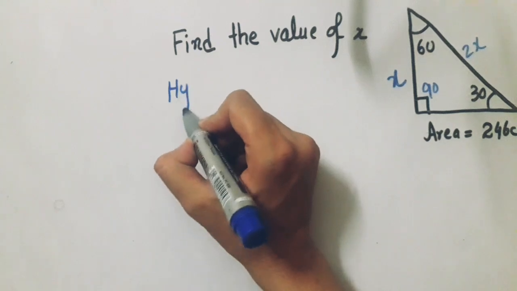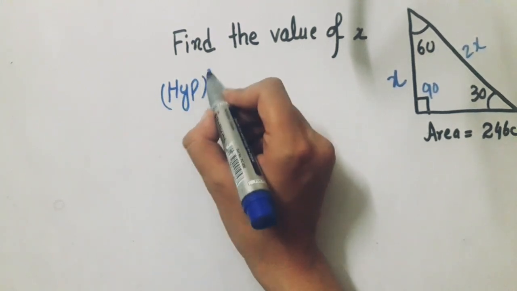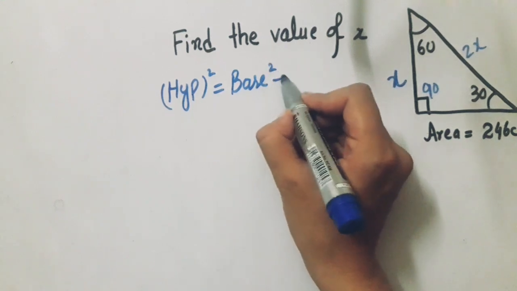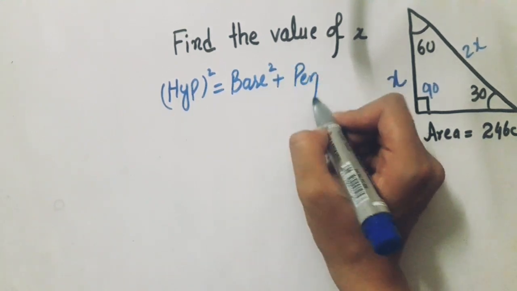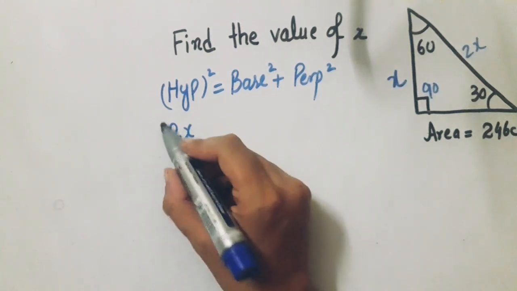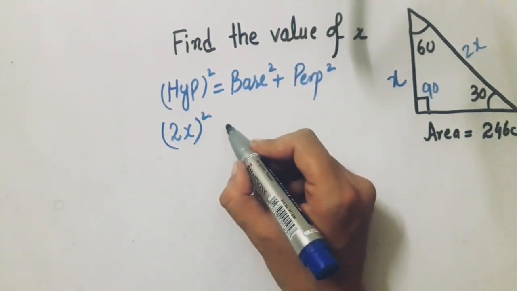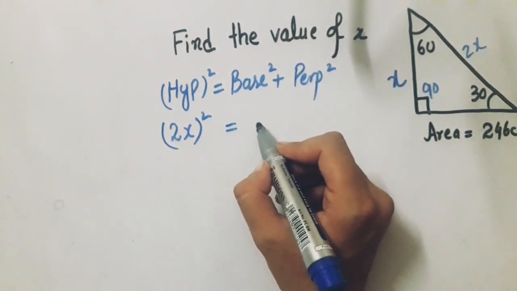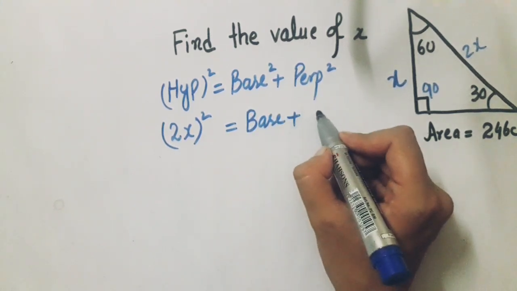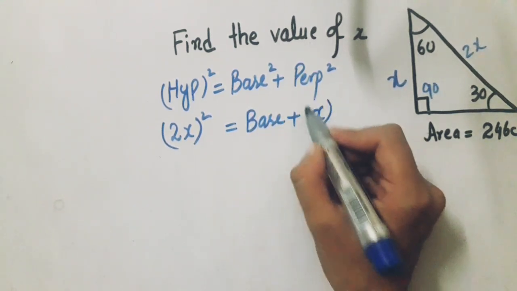By Pythagoras theorem we know that hypotenuse square equals base square plus perpendicular square. It means that if the hypotenuse is 2x square, the base is what we have to find out, and the value of the perpendicular is x square.